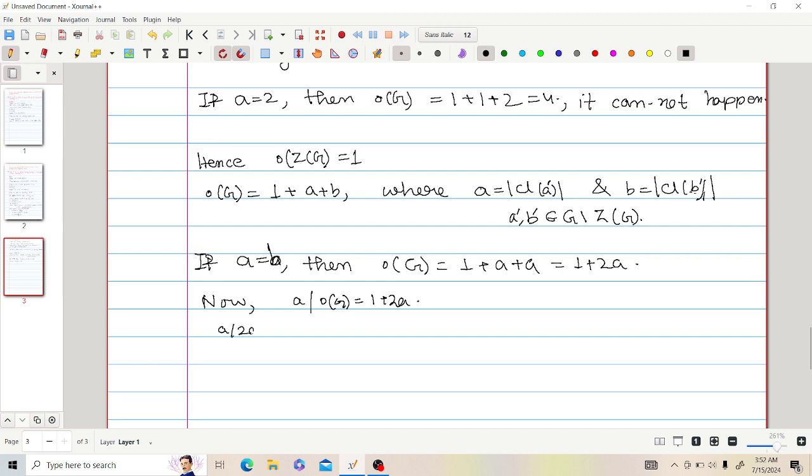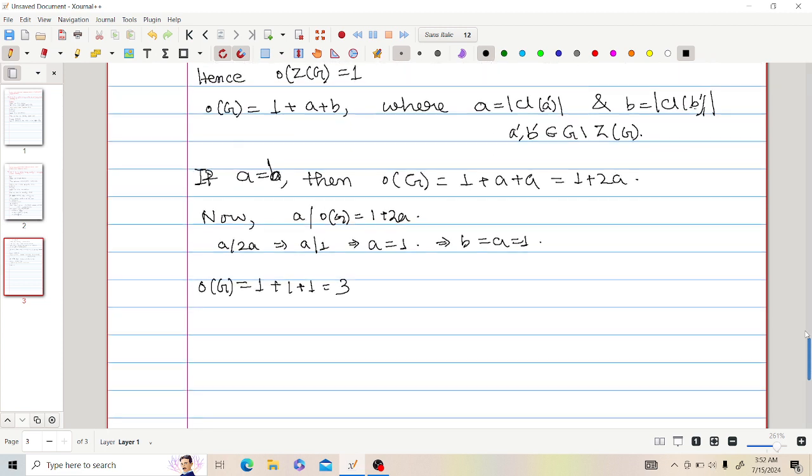Now A divides 2A, this implies A divides 1. Since A divides 1, A is nothing but 1. This implies B is equal to A is equal to 1. So here we also get order of G is equal to 3. And if order of G is 3, then the group is abelian, which is not true. So a contradiction, because in this case we assume the group G is non-abelian.